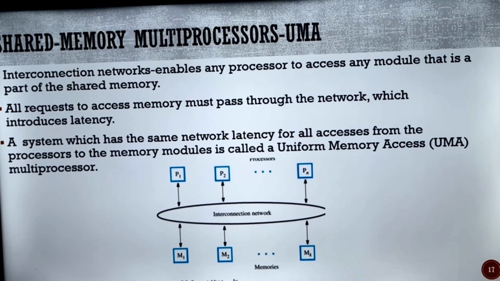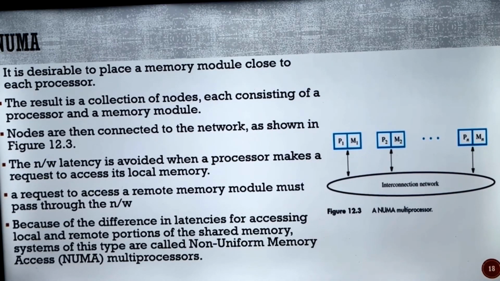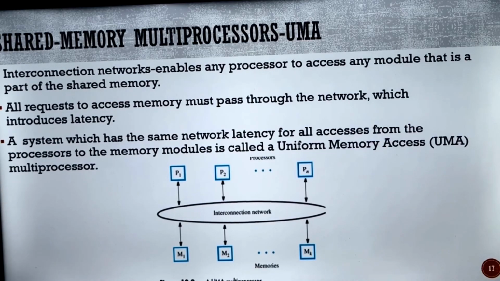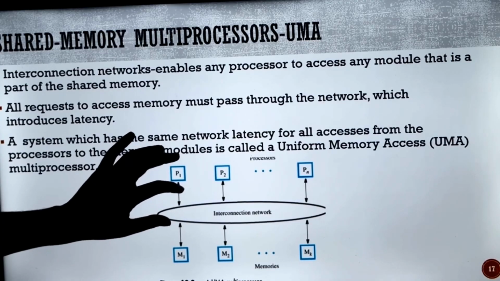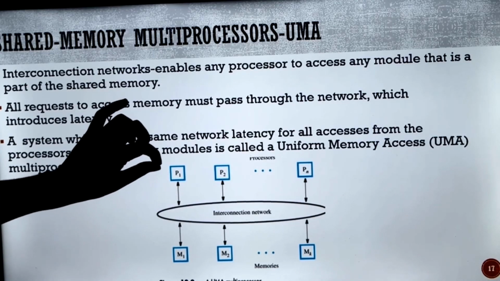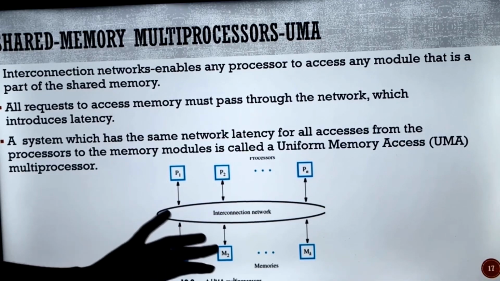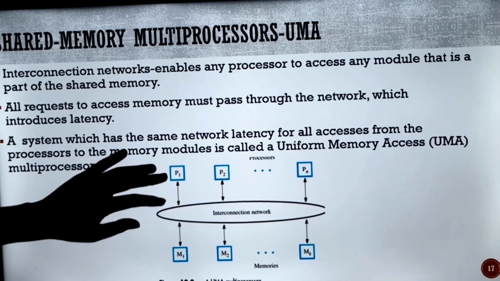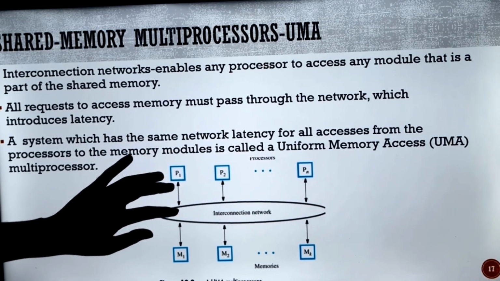Now the second architecture we have is called NUMA, non-uniform memory access. In the previous case, obviously each processor needs some memory slot, but for that I need to go through the interconnection network. So can I make this architecture a little bit better? Yes, I can. I know all the processors will need some memory space by default.